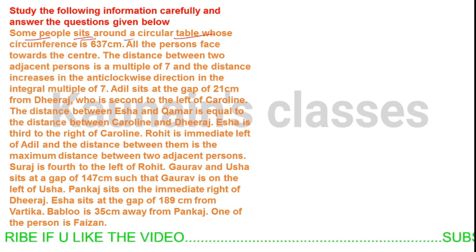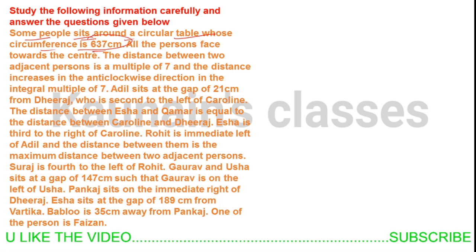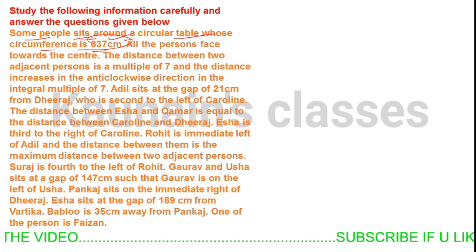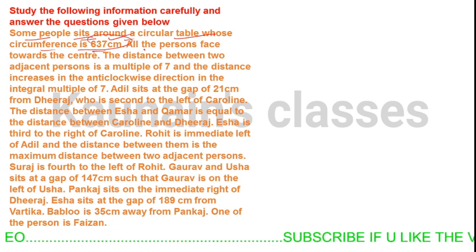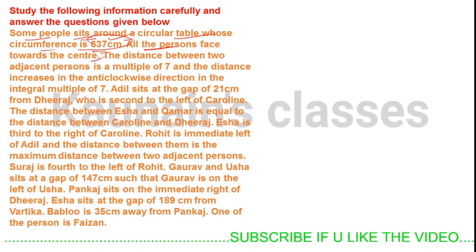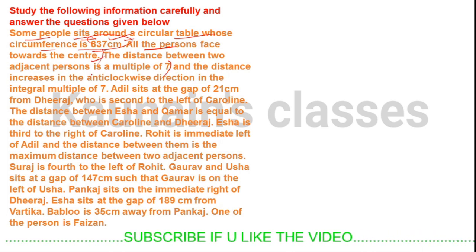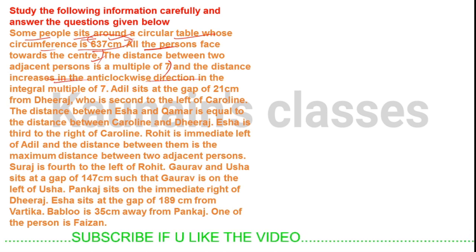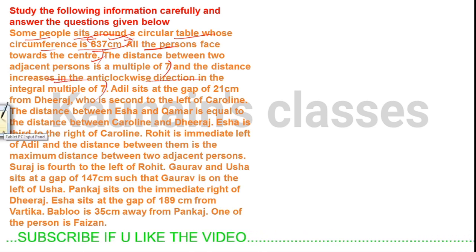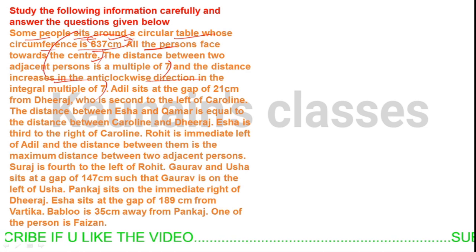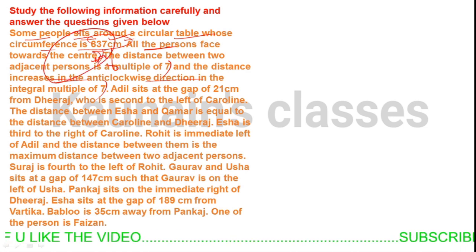Some people sit around a circular table whose circumference is 637 centimeters. All the persons face toward the center. The distance between two adjacent persons is an integral multiple of 7, and the distance increases in the anti-clockwise direction.